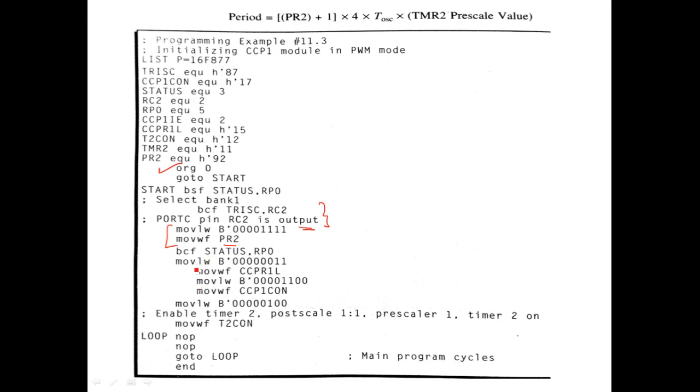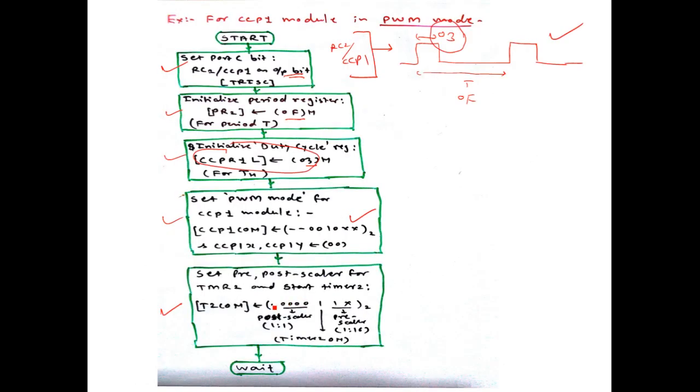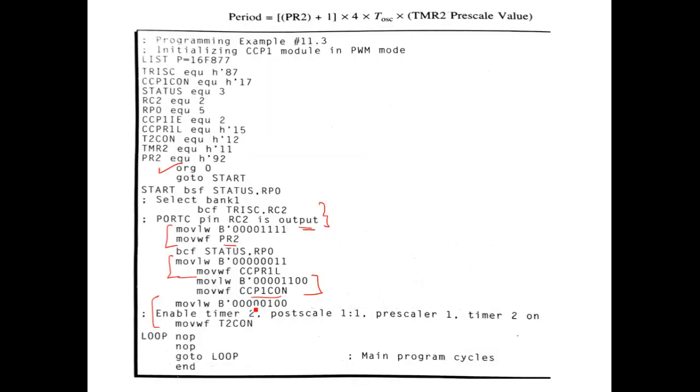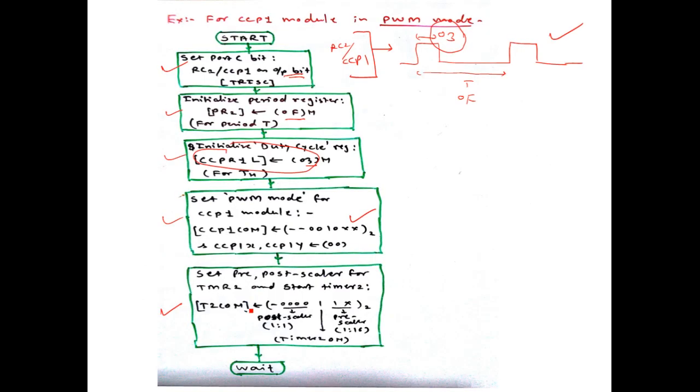Then you are loading the duty cycle count in the CCPR1L register. Then you are loading the bit pattern in the CCP1CON register, and then you are initializing the timer and starting the timer. That's all. So as per the flowchart, you can look at this program, and you can write a few instructions from the program which are appropriate to this flowchart. So that gives you the initialization of the module in PWM mode.